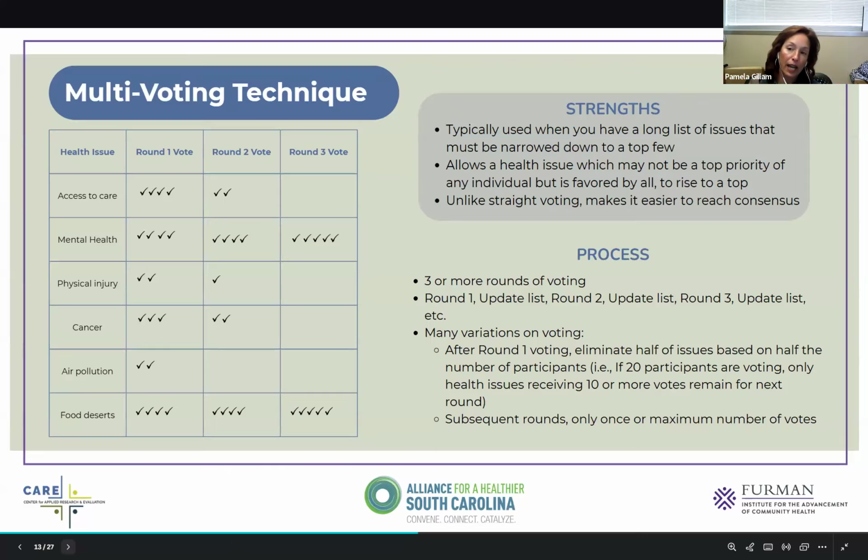So there's lots of variations with multi-voting, okay? You guys have heard me say on previous calls, there are lots of different recipes for banana pudding, right? And so even with this particular method, there are a variety of ways you can do it. I'm just going to mention a few of them. For example, you could do more than 3 rounds.